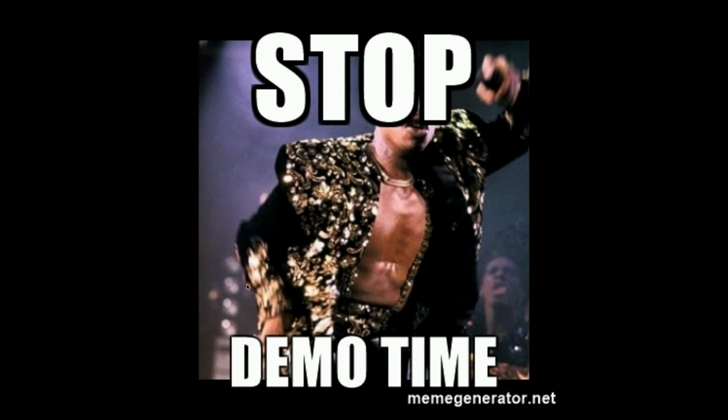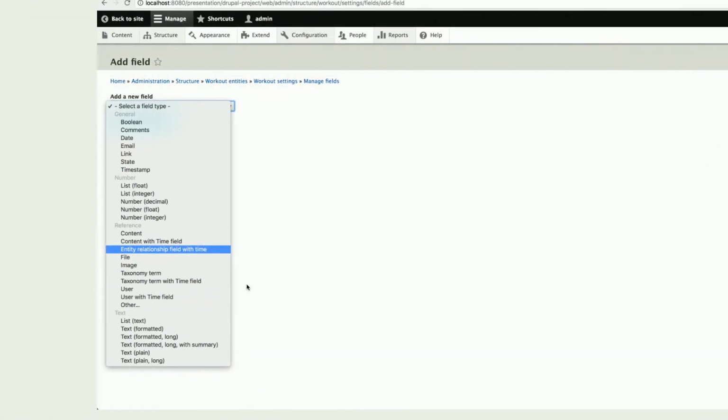Dun, dun, dun, dun, dun, dun. Okay, so what does this give us? Well, I didn't take the time to specifically target entity, just the entity reference field. And so what I ended up with were entity reference fields with time across all entity reference field types.